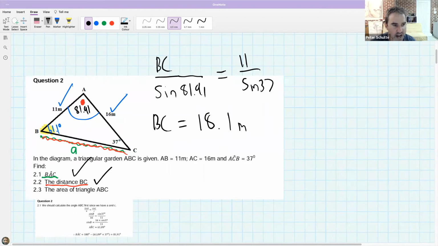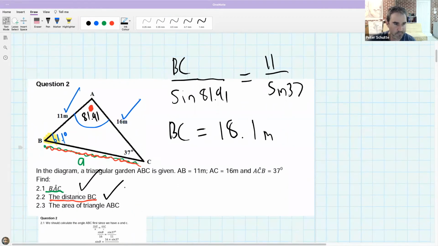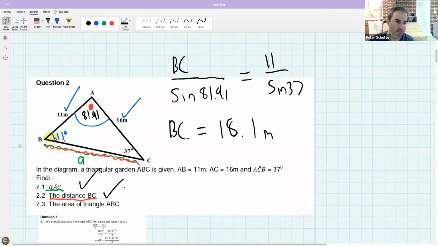I want you now to find me the area of triangle ABC. So the area of triangle ABC, and again, you have a choice as to what you want to work with. But I'm going to leave it to you guys to try and work that out using your knowledge of something called the area rule.